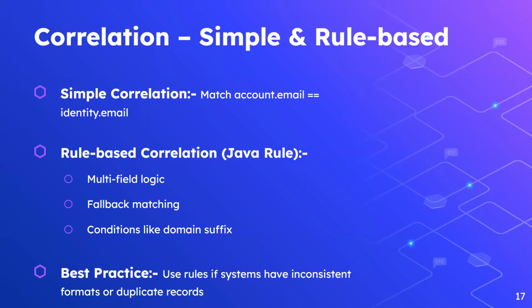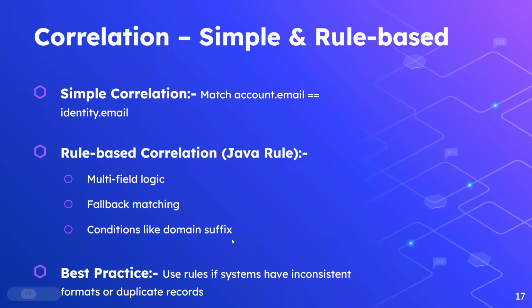Whenever there is a custom requirement, you have to provide a rule for it, and you write a Java-based rule, like a BeanShell rule. We will definitely do that as well. As I told you before, we will create the email and then feed it to the IdentityIQ warehouse, using custom logic through our rules.